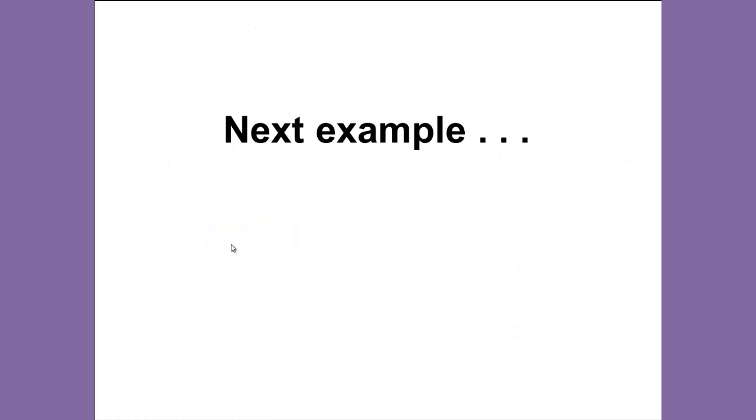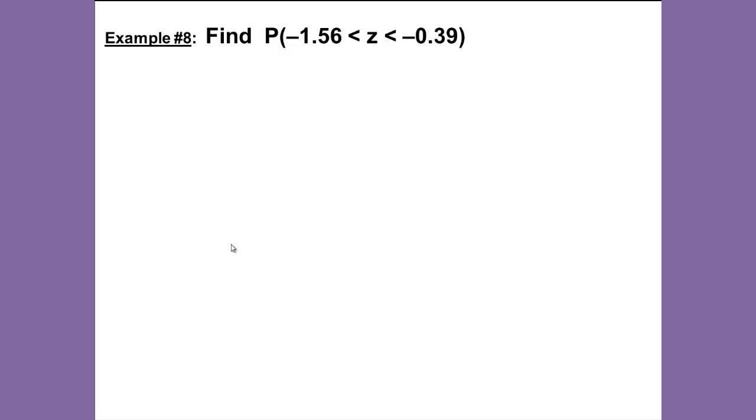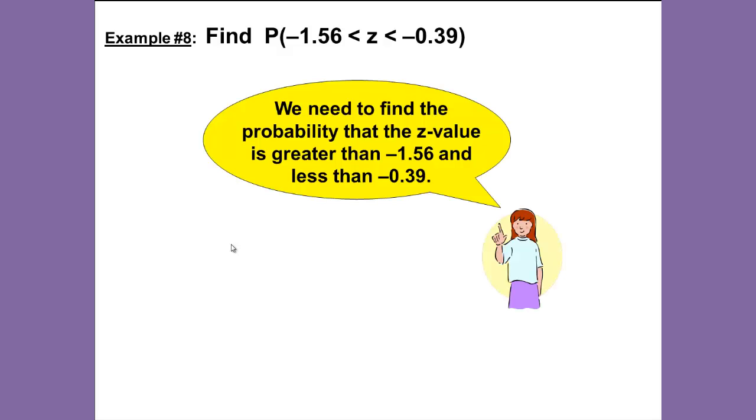Let's look at a second example. Our example number 8. Find the probability that negative 1.56 is less than z, which is less than negative 0.39. We need to find the probability that the z value is greater than negative 1.56 and less than negative 0.39.